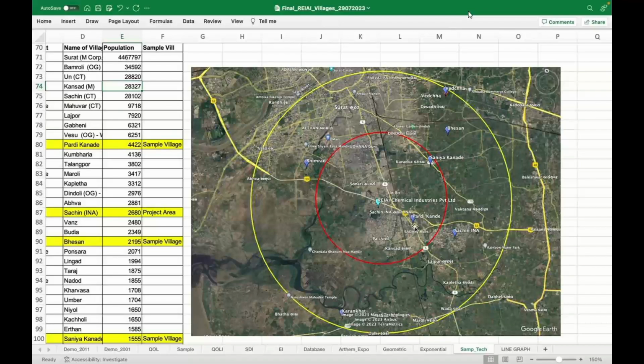Two sample villages are there. There are 2 sample villages in the impact zone. But your EIA coordinator, the risk analysis expert, says the impact will be in the 3 to 5 kilometers. So these 2 sample villages are not sufficient. Though it may seem that you have used a systematic method that is representative of the entire area, in terms of impact it is not.